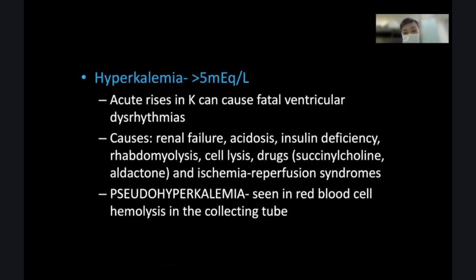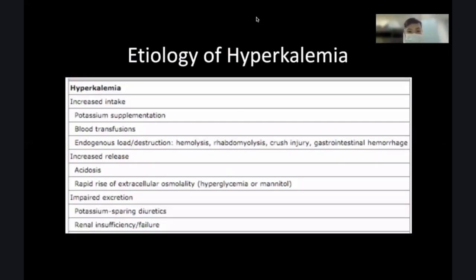Pseudohyperkalemia also happens when you send a specimen to the laboratory and it's already hemolyzed, because the major cation in the intracellular space is potassium. When it hemolyzes, the potassium will rise. Etiology for hyperkalemia: increased intake, increased release, impaired excretion.